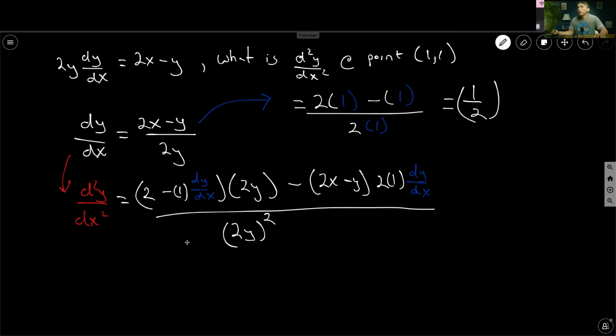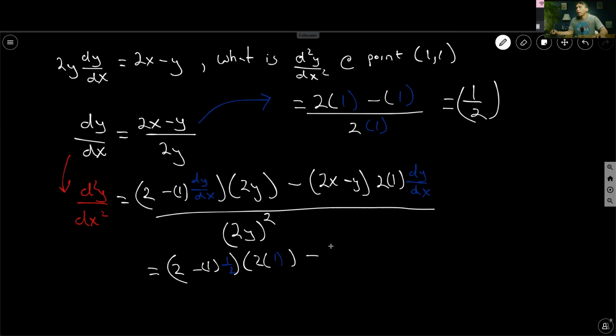So now we just plug everything in. So on the top, we have 2 minus 1 times 1/2, all times 2 times y is just 1.